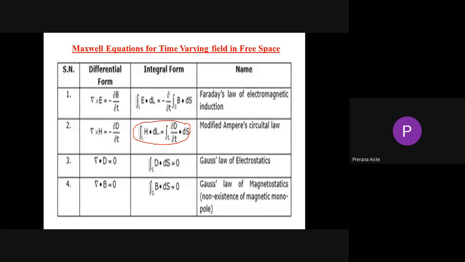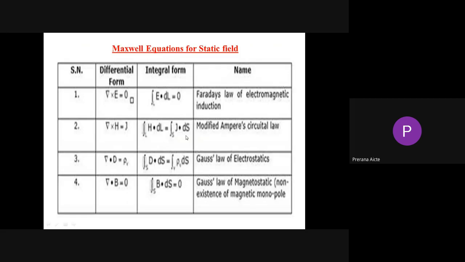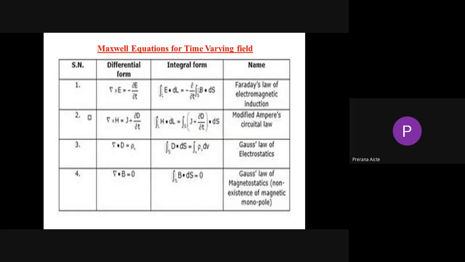Integral of H into dL is equal to the integral of J plus dou D by dou t, otherwise you can take it for electrostatics, this one time variable. Del cross H is equal to, now see, integral of H into dL with line integrals is equal to the surface integrals.